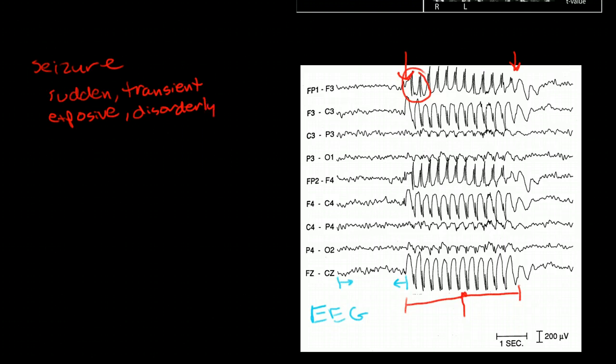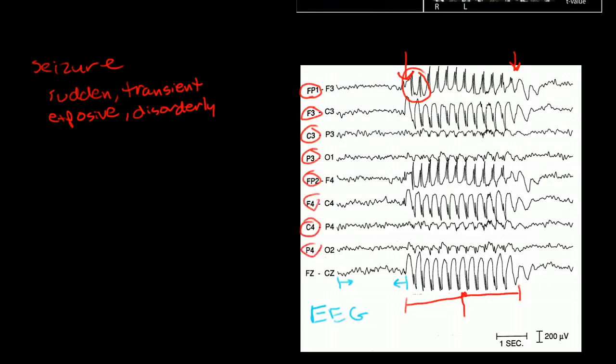All right, so the EEG makes it, I think, fairly easy to visualize. You can see this normal background waveform, and then this sudden change where the amplitude gets very, very great because of the explosive energy behind the surge. And this here is a generalized seizure because you see it in a whole bunch of electrodes.